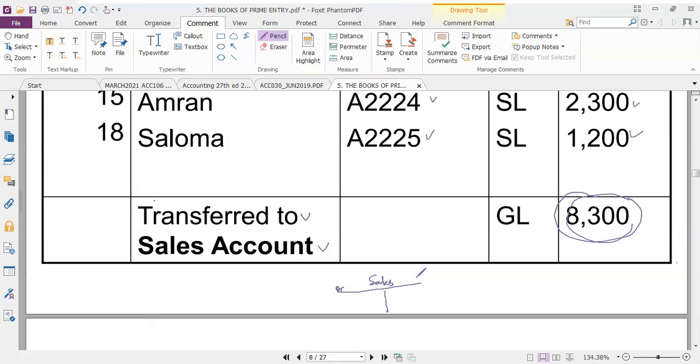Sales account, 8,300 ni kita nak letak dekat bahagian mana? Saya nak tanya Arwin. Okay, Arwin, cuba. Which side that we must transfer 8,300 from sales journal to sales ledger? Debit ke credit side?